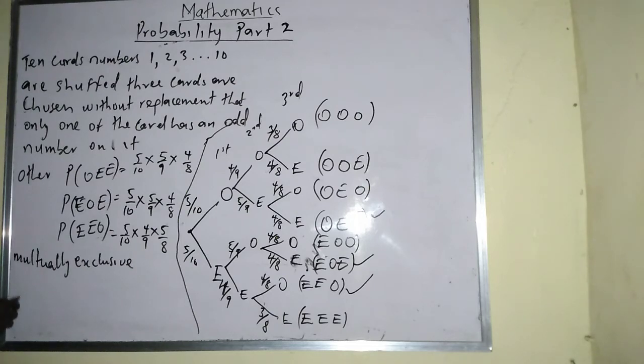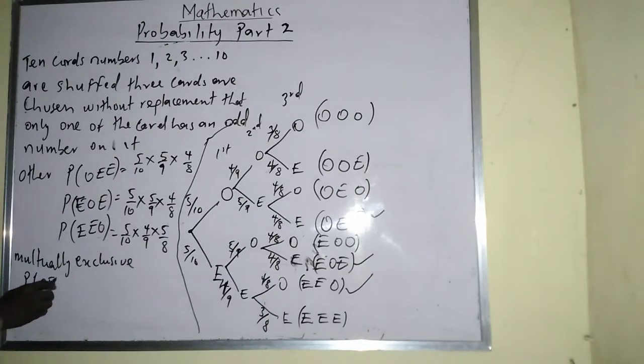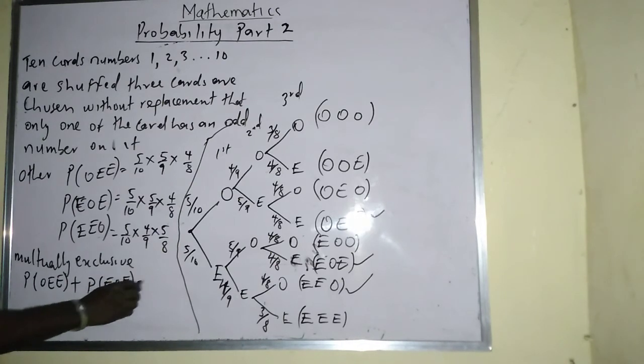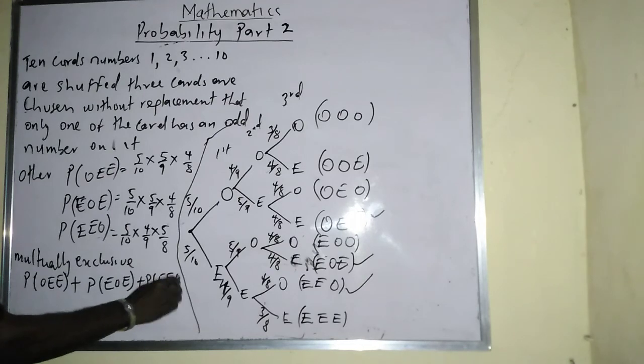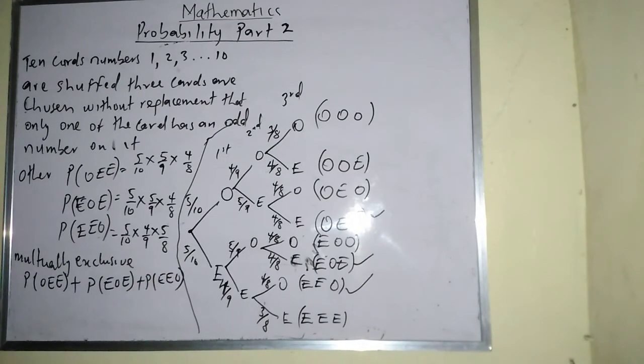Which I will be talking about, probability of OEE plus probability of EOE plus probability of EEO. Now, which I'll be having multiply them together.